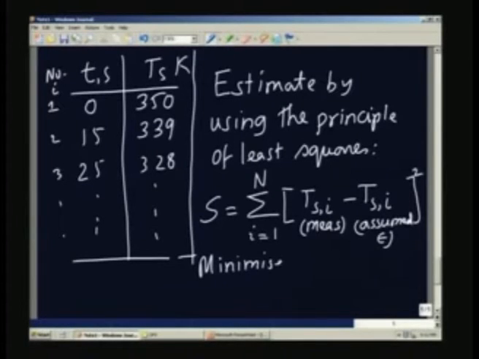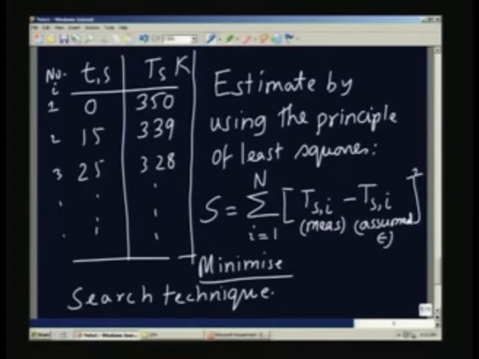What is done in practice is to use some kind of a search technique, because the solution is not straightforward; it is nonlinear. So, we can use a search technique like the one we discussed earlier when we were talking about fitting data with nonlinear curves.